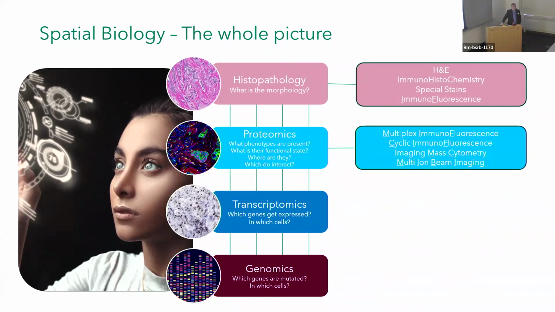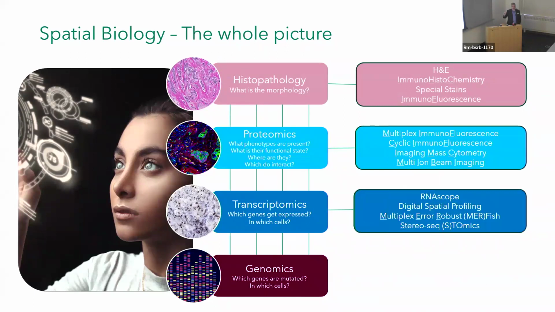We also want to know what genes are being expressed in every single cell, so we're going to start looking at things at the transcriptomic level. We're starting to see a bunch of technologies come out today that are incorporating tissue images with the transcript information so that we can create bigger pictures of understanding of what's going on at the transcript level, but also at the proteomic level, within the morphological look at the contextual relationship in the tissue.